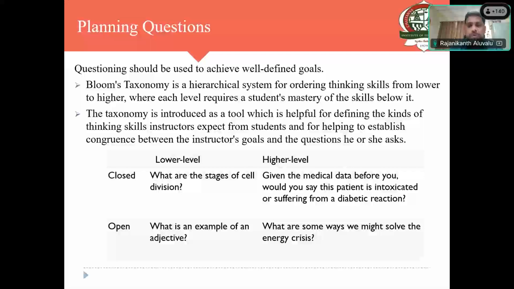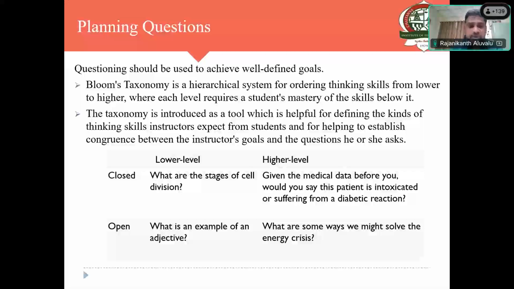And an open question is always at the higher level, that is more than apply. When we want to give a question for analyze, evaluate, and create, the questions should always be open-ended. When you are giving a question for the lower level, that is remember, understand, and apply, the question should be closed.